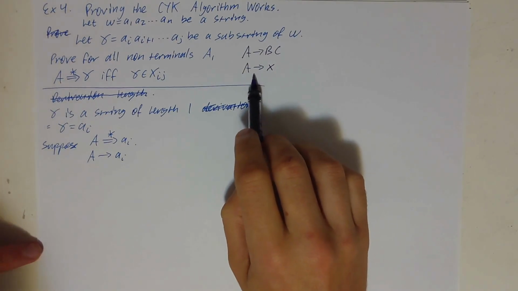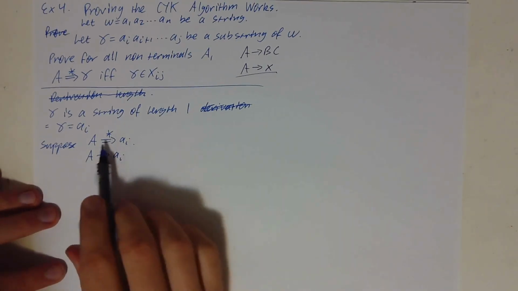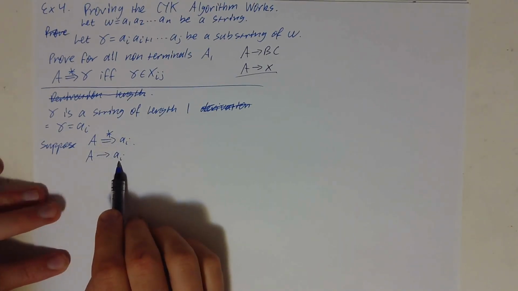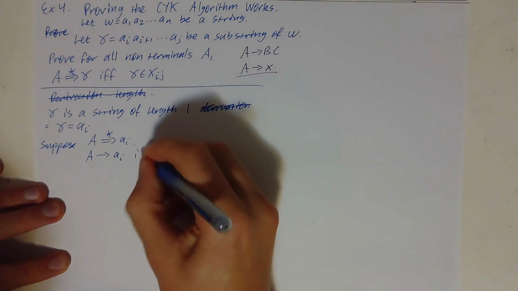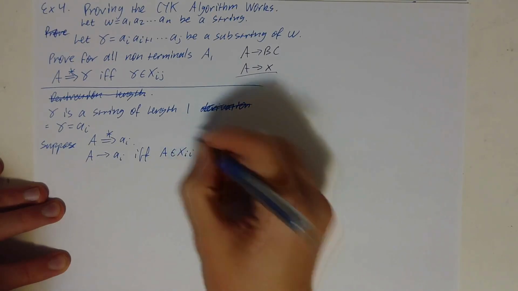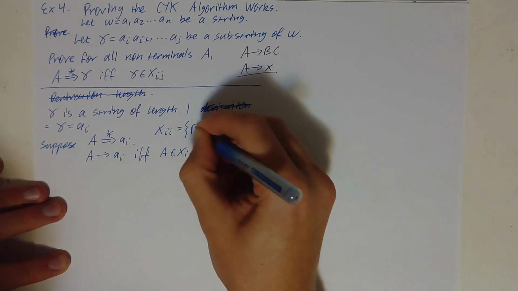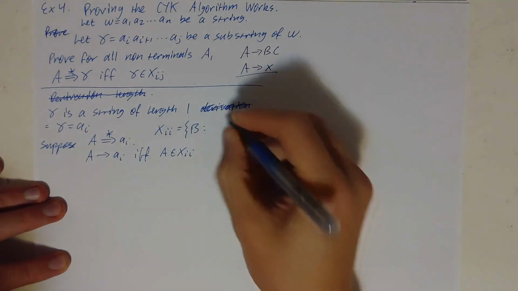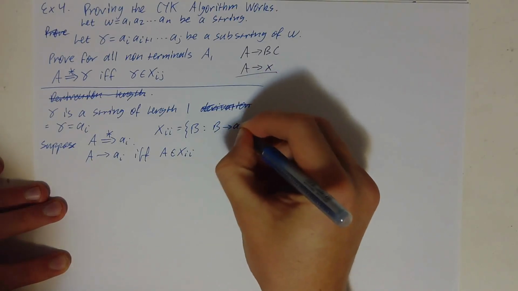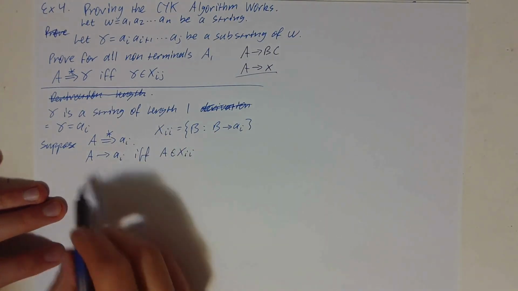So if we're making a string of length 1, it has to be this case. So A produces a_i if and only if A is in X_ii, as by definition, X_ii is all non-terminals B such that B can directly produce a_i. So this statement's true almost immediately by the definition of X_ii.